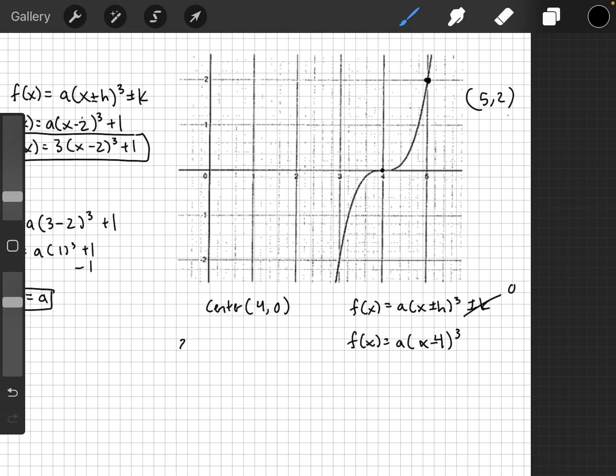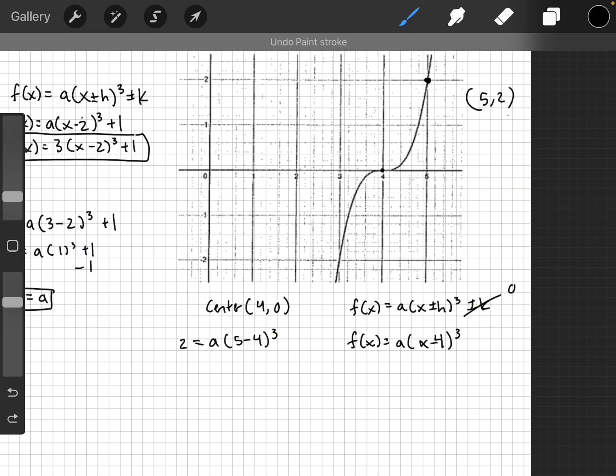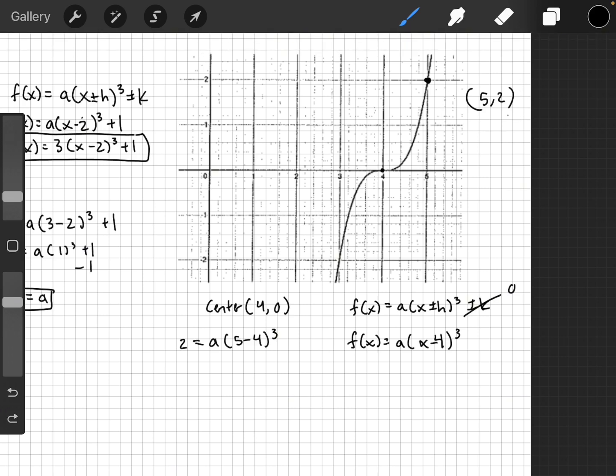Now to solve for a, we'll do the method as last time. 2 equals a times (5 minus 4) to the power of 3. We're using this coordinate to find a.